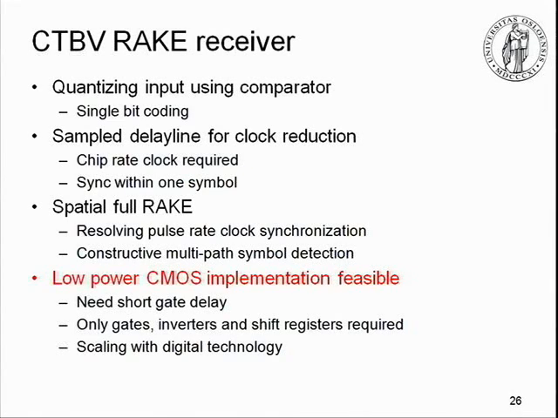Also, I look at all the reflections, because some of these fingers may have reflections and some may have what we usually call the line of sight signal. I can combine all of them and look for my pattern in all these fingers. So I do what's called constructive interference. I can use my interference constructively to recover my symbol. That's a nice thing.